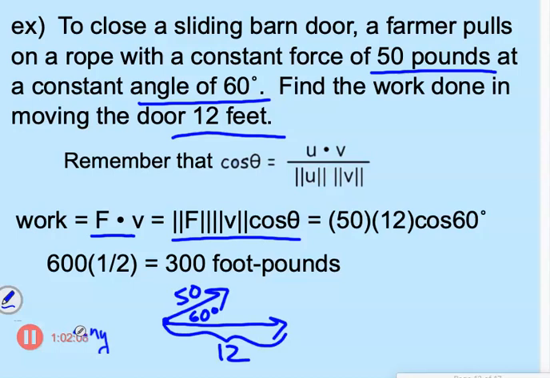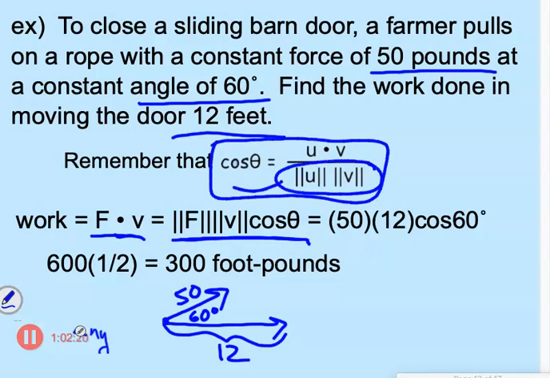So I used this formula for dot product. Remember the other formula we learned? This right here, and then just taking this and putting it in front. It's the quicker way.